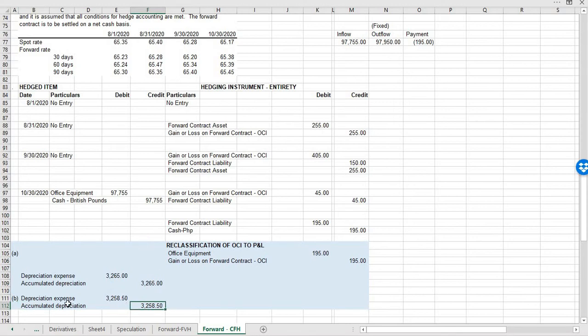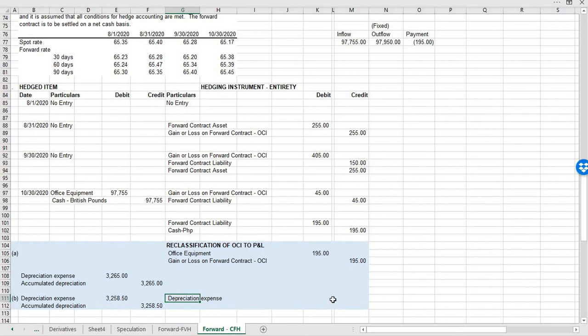So, since nagkaroon na siya ng effect sa P&L, dito na rin tayo ngayon magre-reclassify ng ating OCI to P&L. So, paano? So, i-adjust natin yung depreciation expense. So, kaya tayo ay magde-debit ng depreciation expense. Magkano? So, ang basis natin syempre yung balance ng OCI, which is 195 loss. So, yung amount na ilalagay natin dito is computed similarly to 3,258.50.